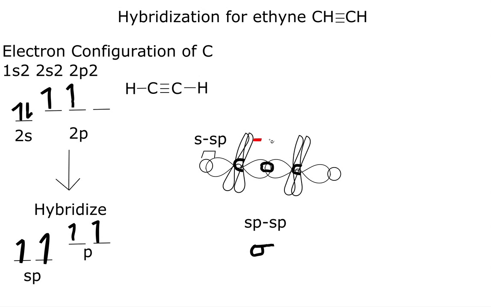So they are going to form a pi bond. So there's a pi bond. And also these p orbitals are going to bond with this p orbital all the way over here. And that's our other pi bond. So we have 1 pi bond with these p orbitals, and we have another pi bond with these p orbitals in the back here. So that's our 2 pi bonds, and that's our 1 sigma in the middle. And that accounts for our triple bond.